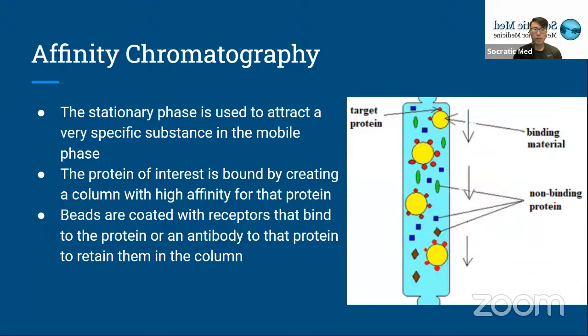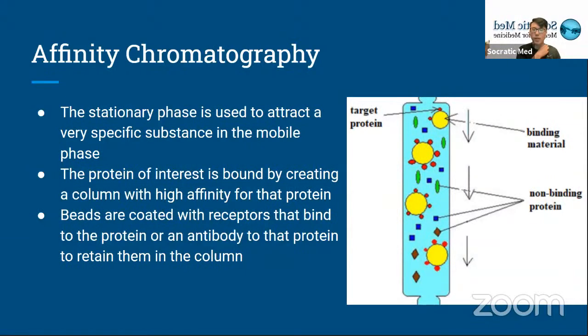Lastly, affinity chromatography. This is when you use a very specific substance as the stationary phase. Because you have a very specific substance as the stationary phase, it can attract the very specific substance that binds to it. The classic example is when you use a receptor or an antibody for a specific protein.